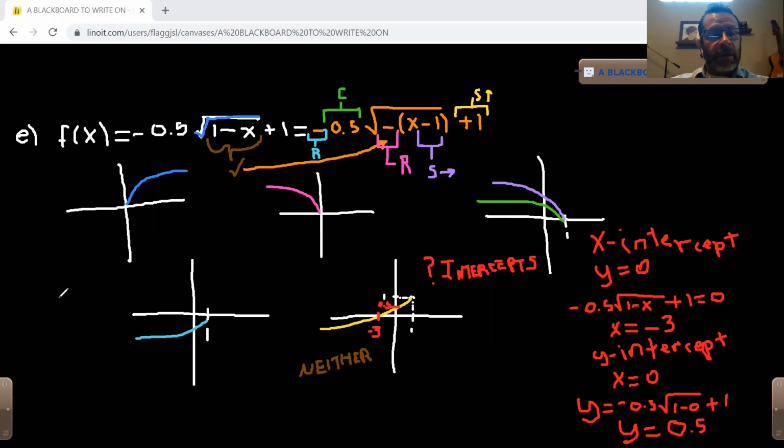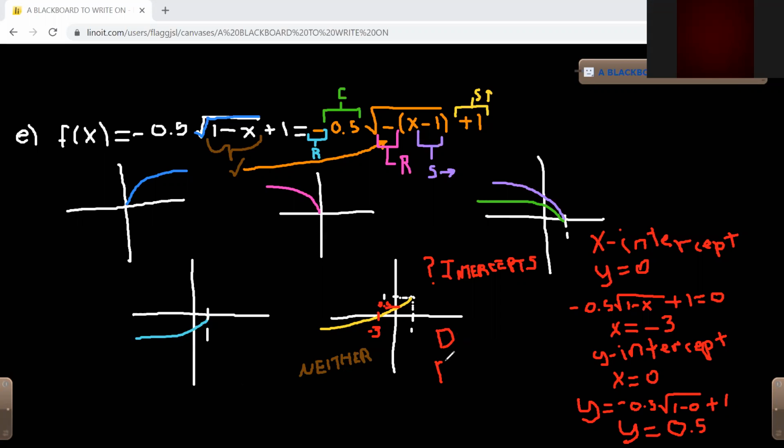Can somebody tell me the domain and the range for this function?